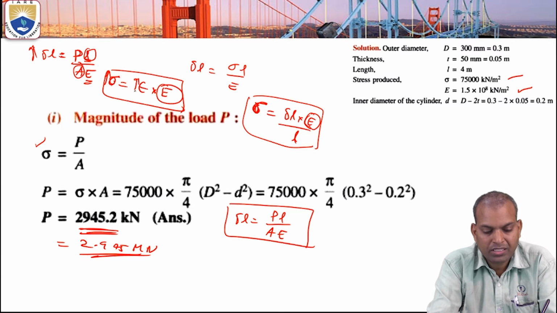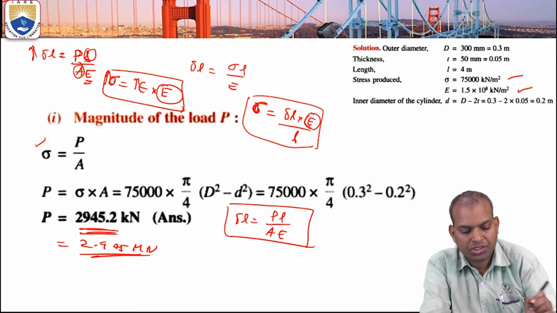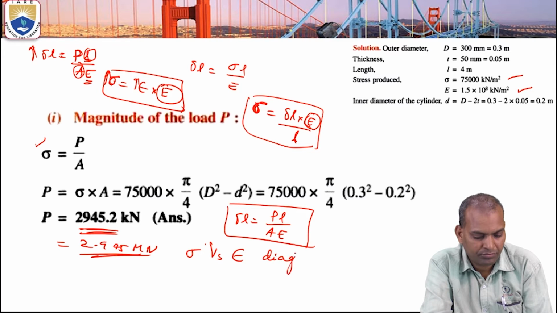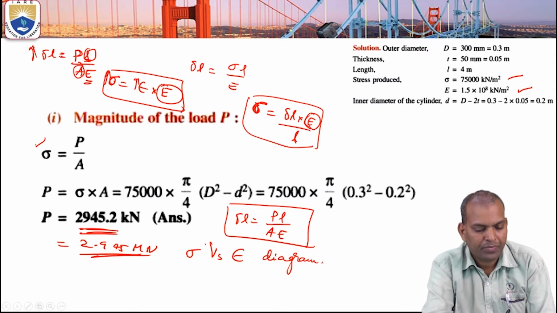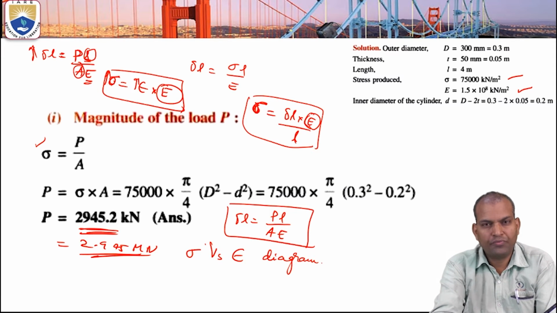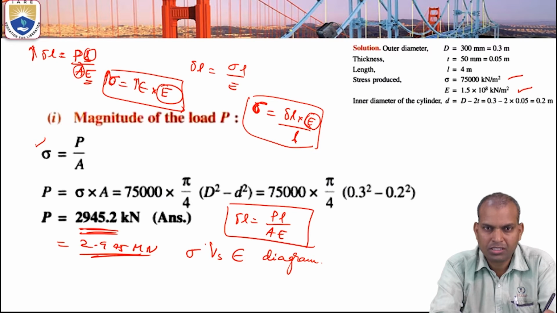Drawing the stress versus strain gives a diagram known as the stress-strain diagram. The slope of the stress-strain diagram, that means the ratio of stress by strain, is known as the modulus of elasticity.